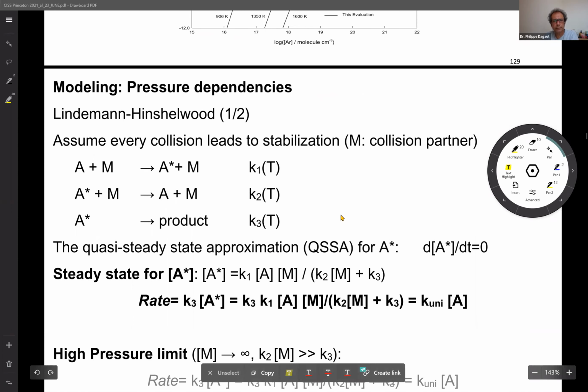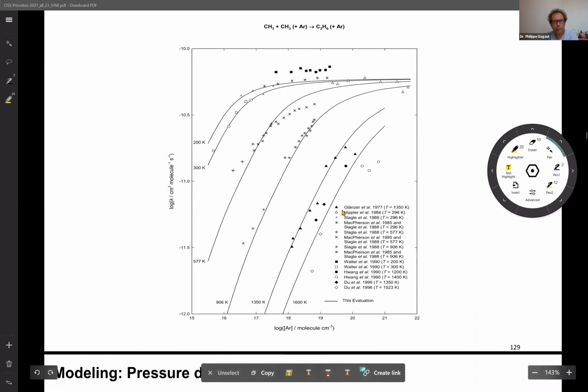What is the high pressure limit? Well, it will depend on the reactions. So there is no general answer, it depends on the reactants. The reaction will reach its high pressure limit at a different pressure than another reaction.